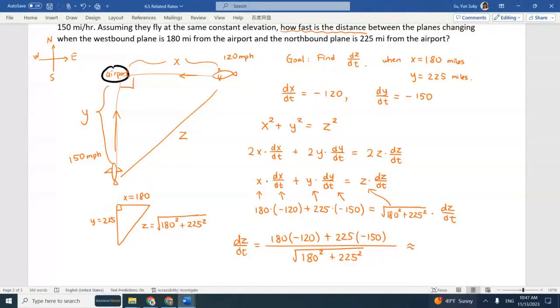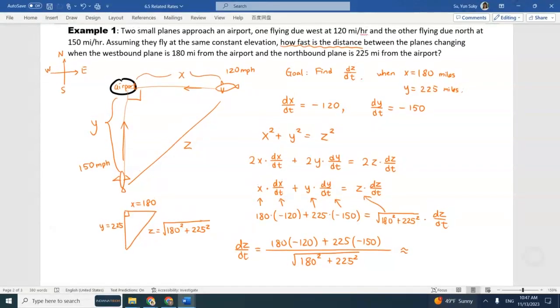Okay, what do you get? Everybody take out your calculator. What do you get? Point 1? Okay, thank you.